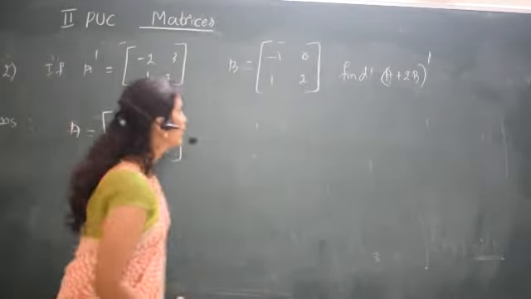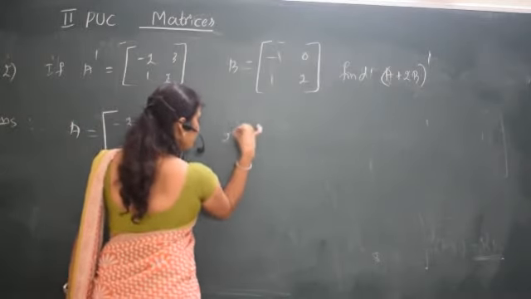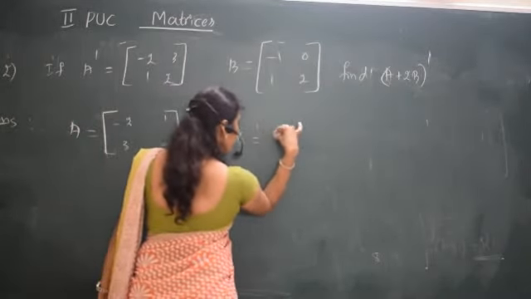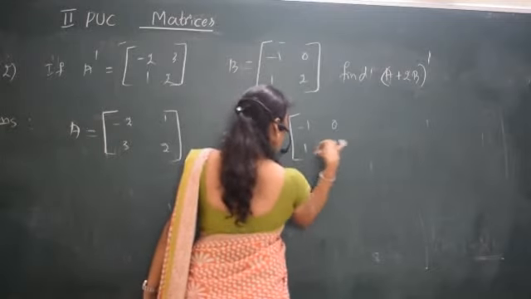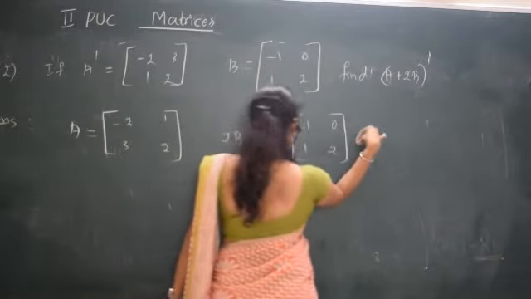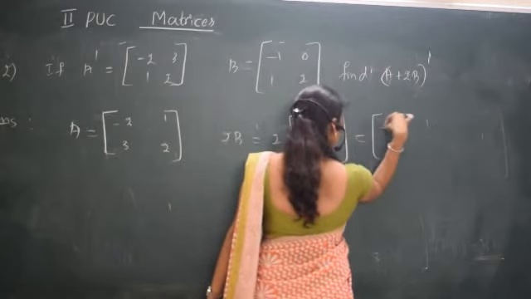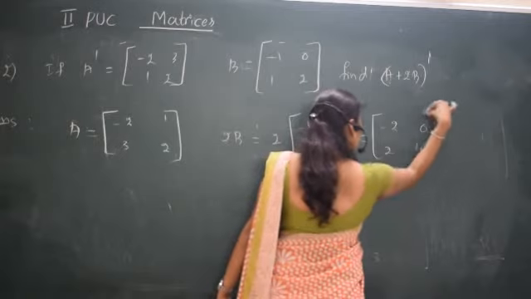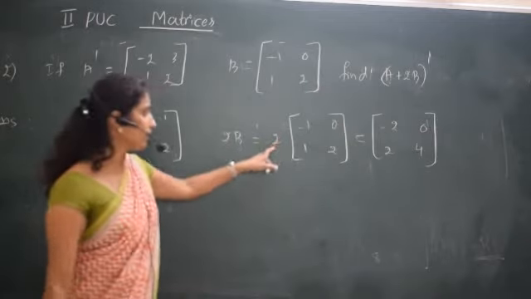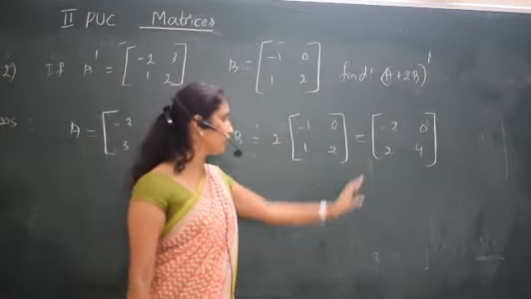Then we want 2 into B. So 2 into B is equal to 2 times the matrix minus 1, 0, 1, 2. So we get minus 2, 0, 2, and 4, multiplying each element.